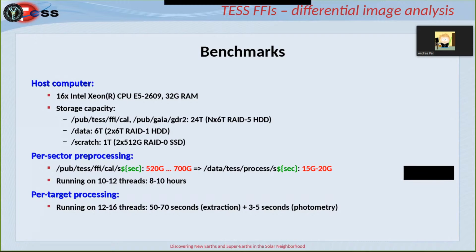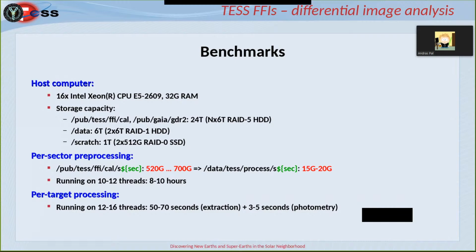Then you can do the per-target processing quite quickly. Even since these numbers are derived, the photometry of one sector of data can be done within a few seconds, running on a dozen threads on a normal computer. What is a little bit slower is the extraction. If you're interested in just a single target, then you need to extract from the full frame images, and it might take a little bit longer.